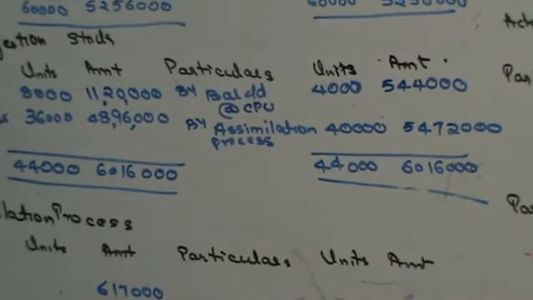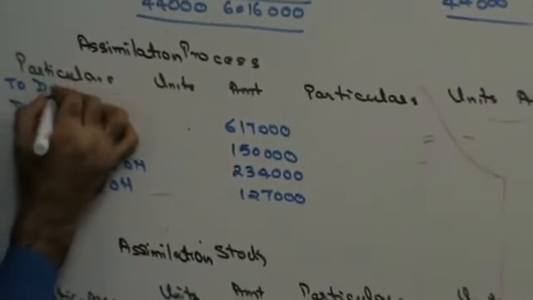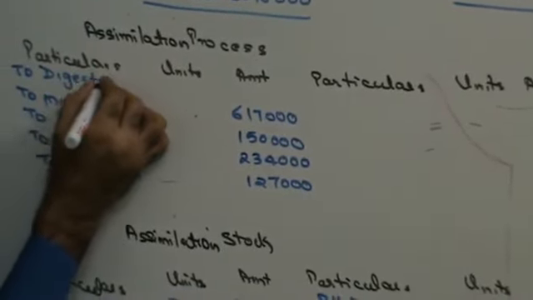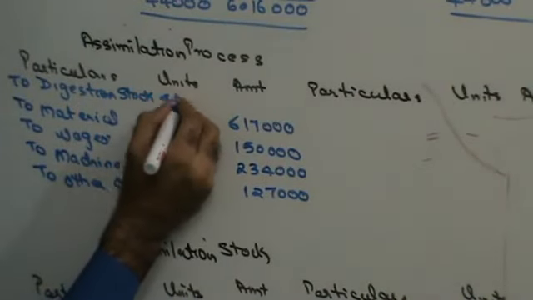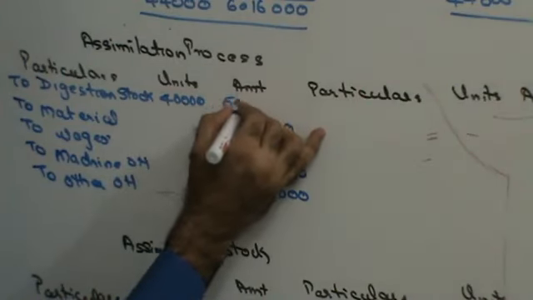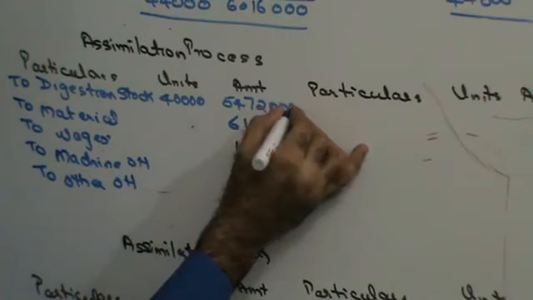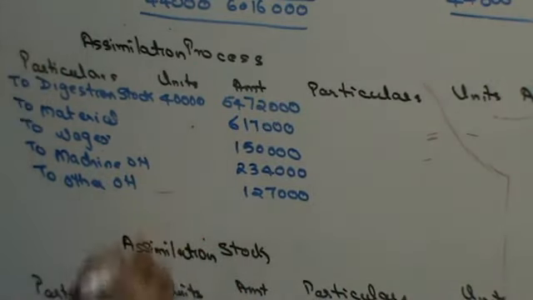Right? Transfer this to the assimilation process to digestion stock. Amount is 40,000 units and 54 lakh 72,000.